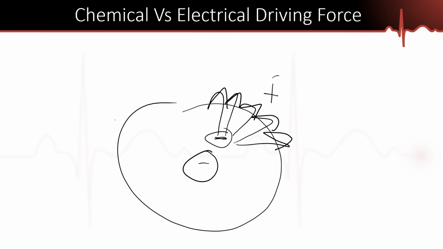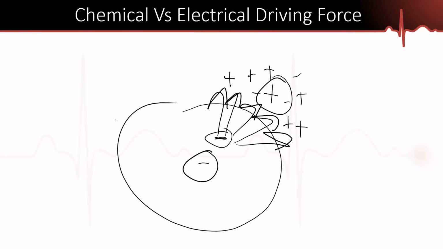Because the outside of the cell has a slight positive charge. There's going to be comparatively a higher concentration of positively charged ions on the outside than negatively charged ions. Okay, so it's got a slight positive charge, and thus it's going to pull negatively charged ions on the inside of the cell out.